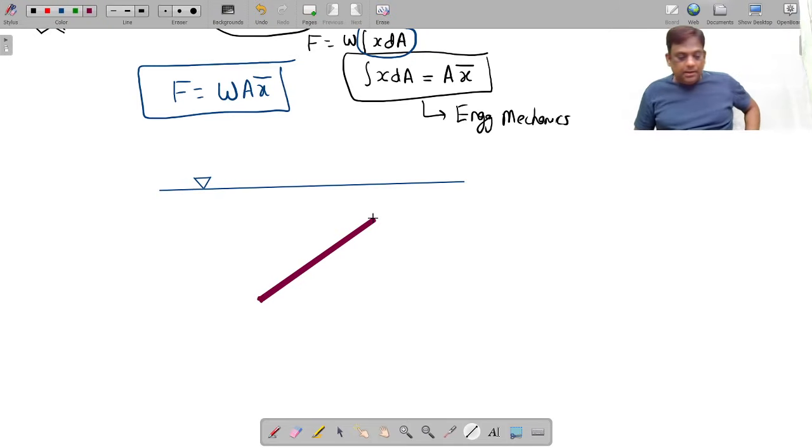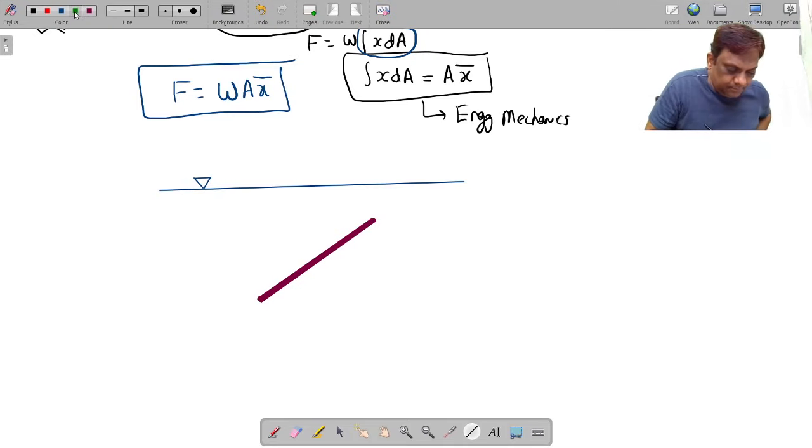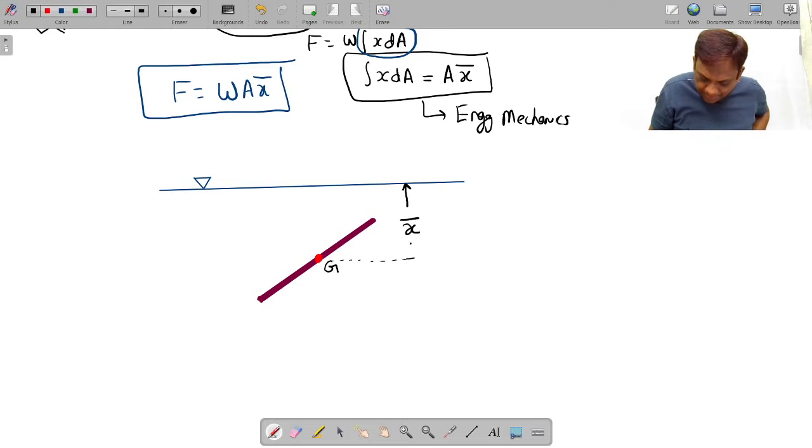Now assume this to be our center of gravity. This is our x bar.